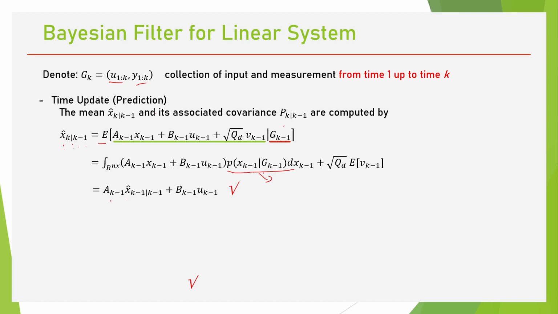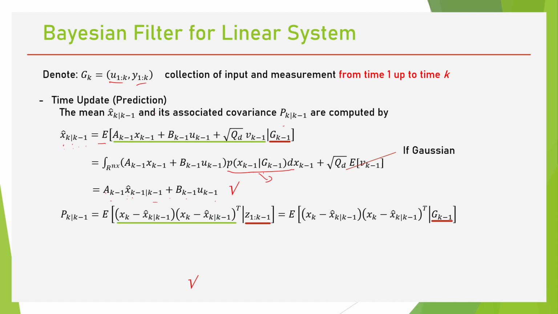If you have the model AH plus BU, it's still AH plus BU. The noise term here, if Gaussian, the expectation of Gaussian, the mean is 0. The noise is always around 0. So the Bayesian filter is for general, but if the noise is Gaussian, we can simplify something. Computation becomes easier.